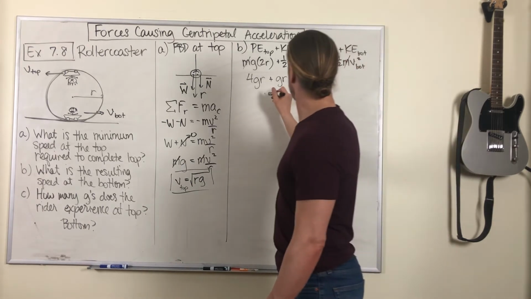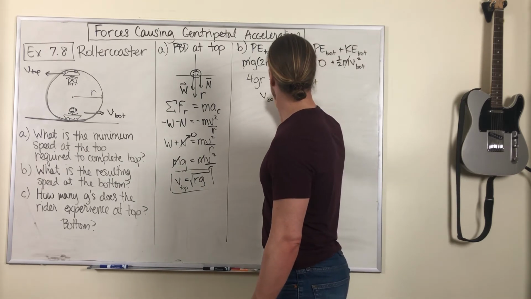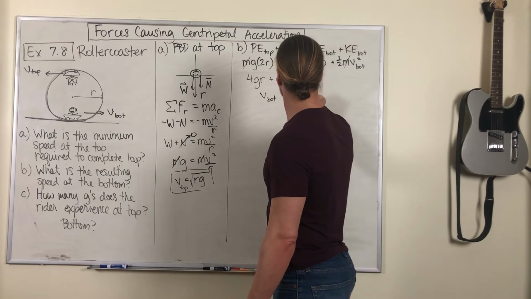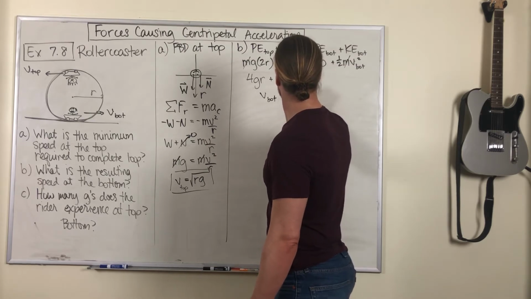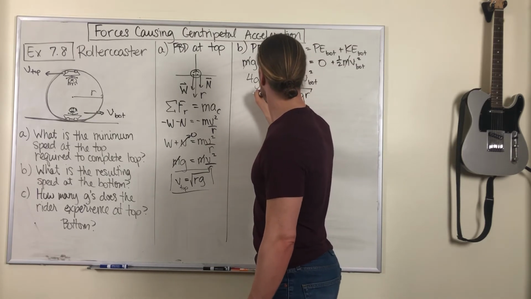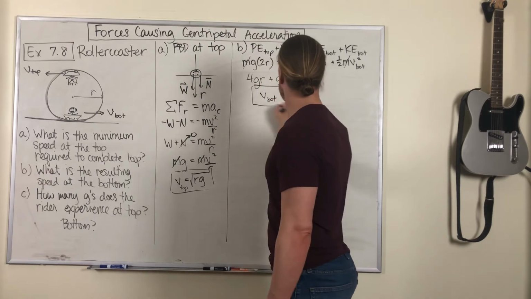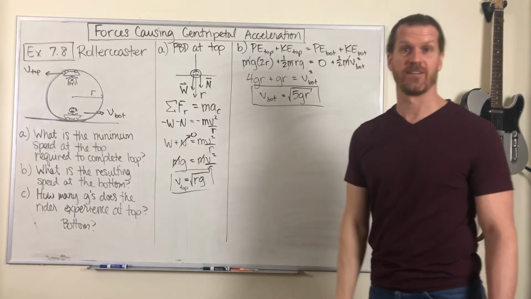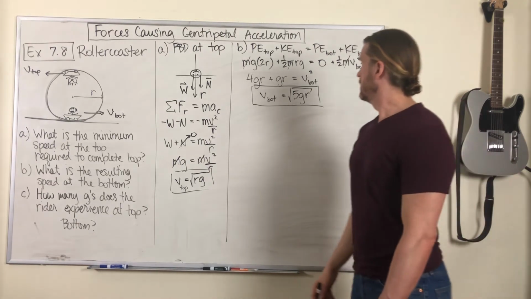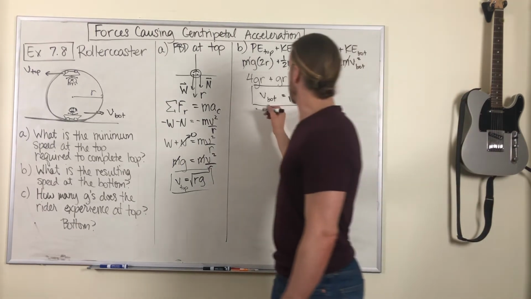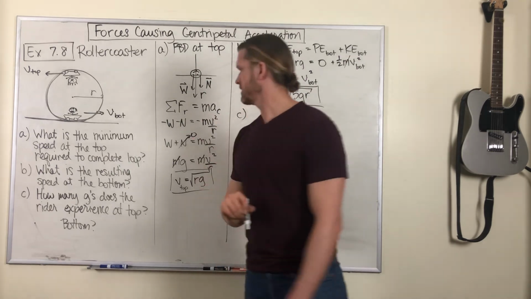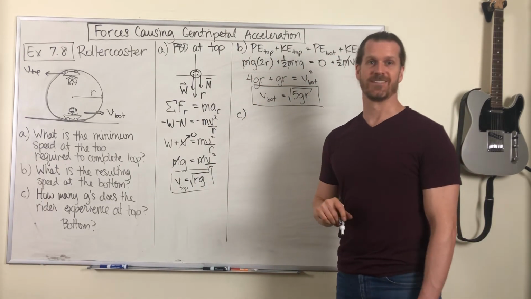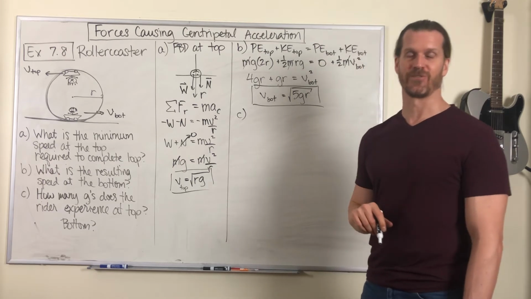So we get v at the bottom equals the square root of 5gr. 4gr plus another gr is 5gr. Okay. That was just a conservation of energy problem. We didn't use any circular motion stuff.